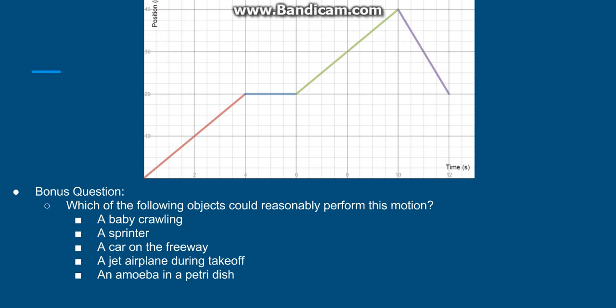The same graph. It's asking which of the following objects fits: either a baby crawling, a sprinter, a car on the freeway, a jet airplane during takeoff, or an amoeba in a petri dish. Keep in mind that position is measured here in meters and time in seconds.